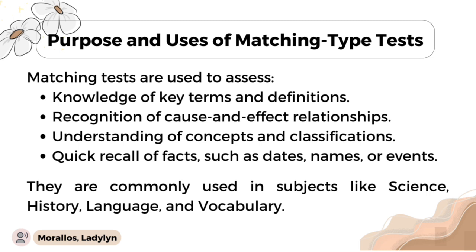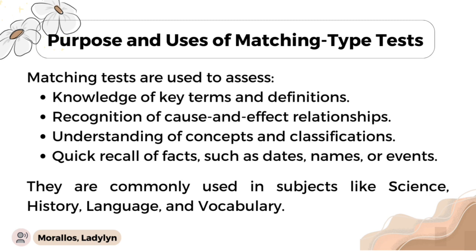The historical event will be the cause and the result will be the effect, which can also be found in column B. This helps teachers see if students can really connect actions and their effects in a logical way.